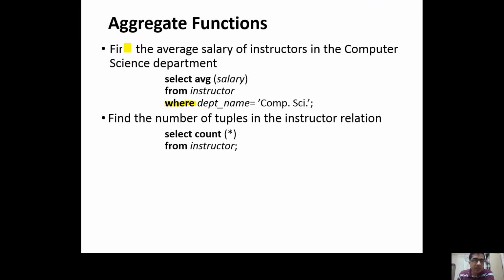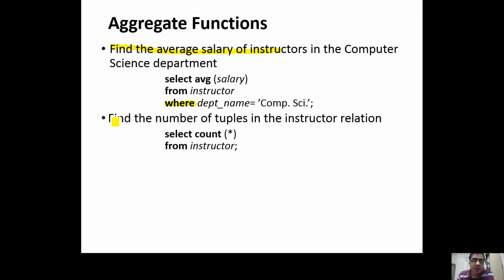The query for this question will be select AVG(salary) from instructor where department name is equal to com. It will display the average salary of the instructors of com department only.